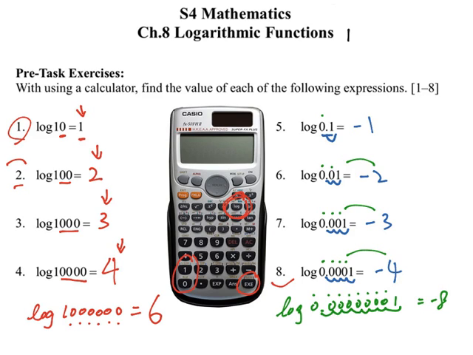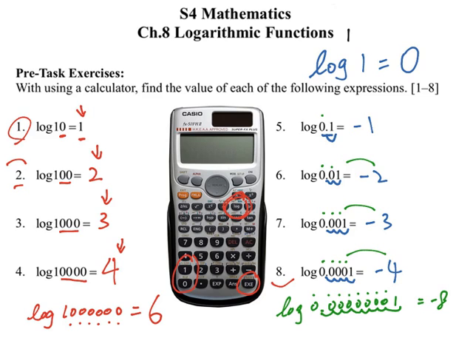Lastly, there is one log I want to mention. It is log 1. So you guess what is the answer of log 1? Actually, log 1 is 0.